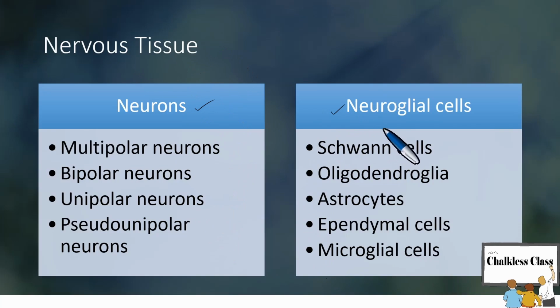Some neuroglial cells are Schwann cells, which are present around the axon of the neuron. Oligodendroglia, astrocytes, ependymal cells, microglial cells are present in the CNS, and Schwann cells are present in the PNS, the peripheral nervous system. The others are present inside the central nervous system.